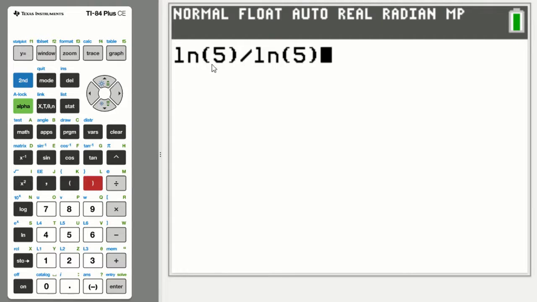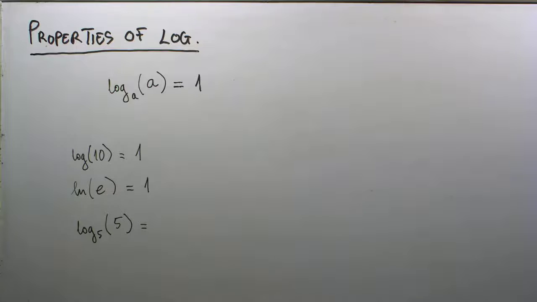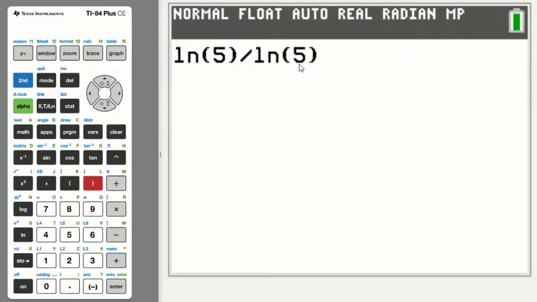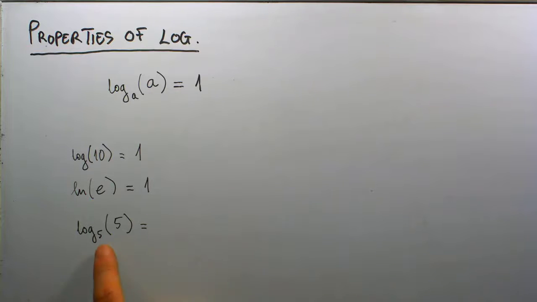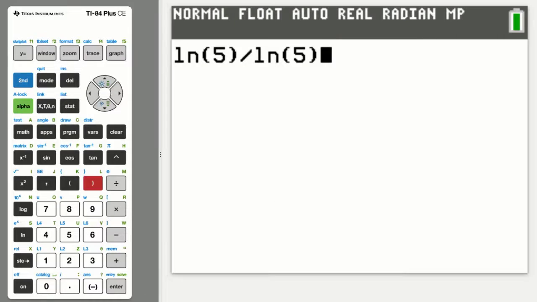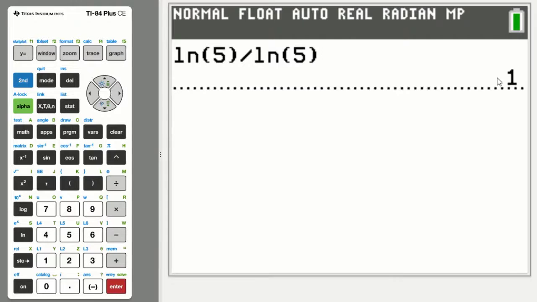So this 5 here in the numerator is from the big number, and this 5 here in the denominator is from the base. And the base and the number that we're taking the logarithm of are once again exactly the same. So now let's turn back to the calculator and look at the final answer. The answer equals 1.